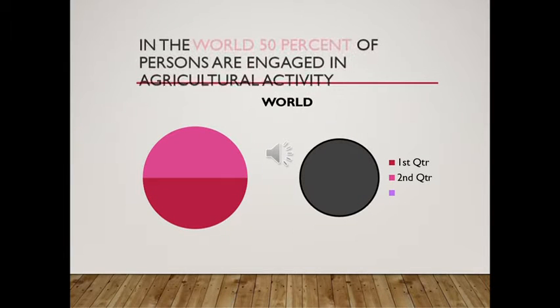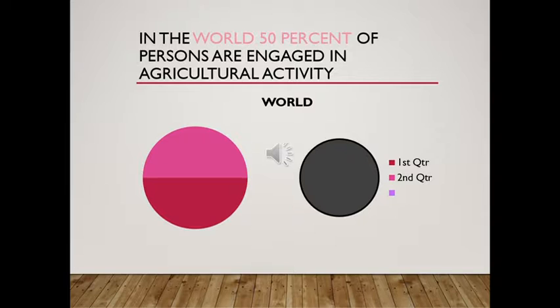In the world, 50% of persons are engaged in agricultural activity. Agriculture is one of the most important economic activities and it is essential for sustaining livelihood, securing food production and providing income.